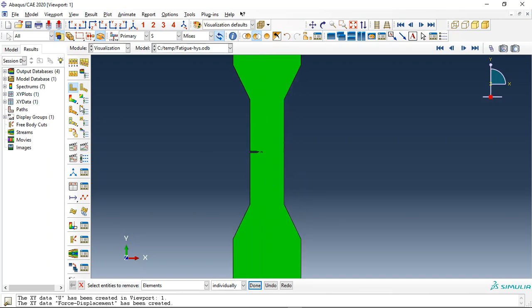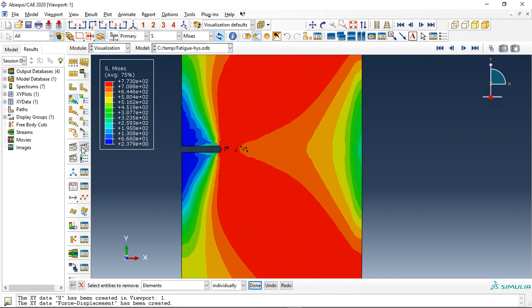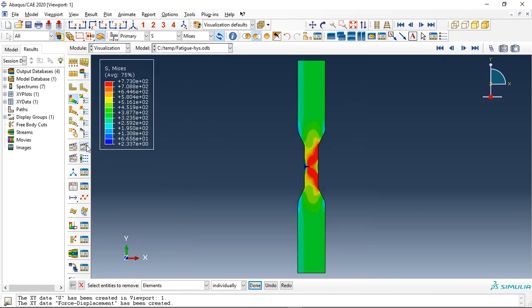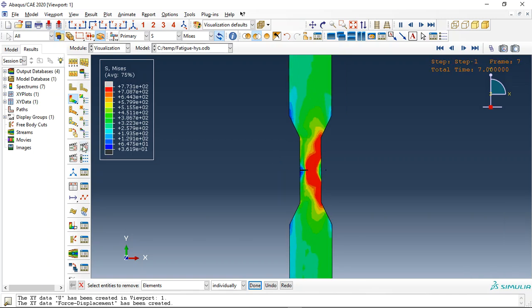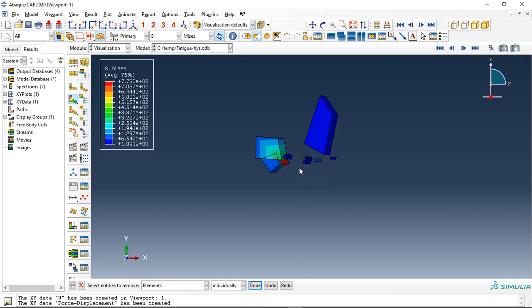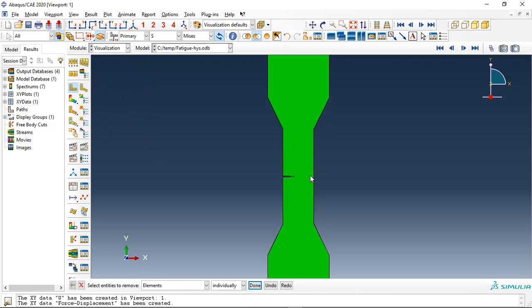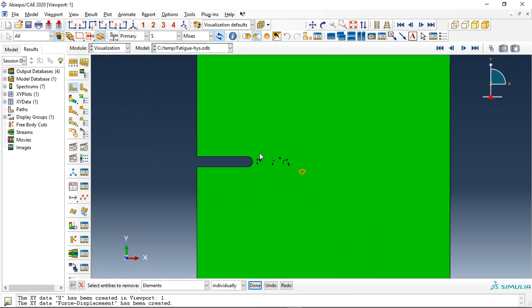Let me make it free. See here, if I click on damage, you can see the damage happen. Here we have a problem with the deformation.